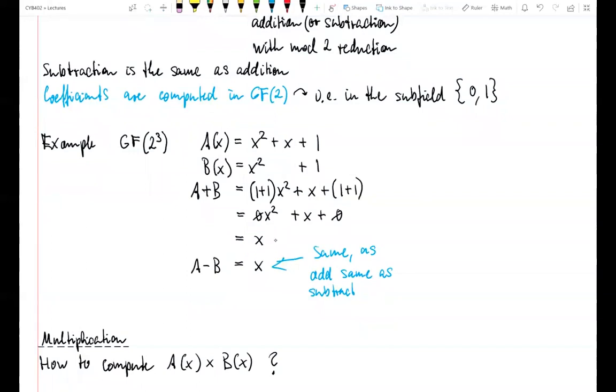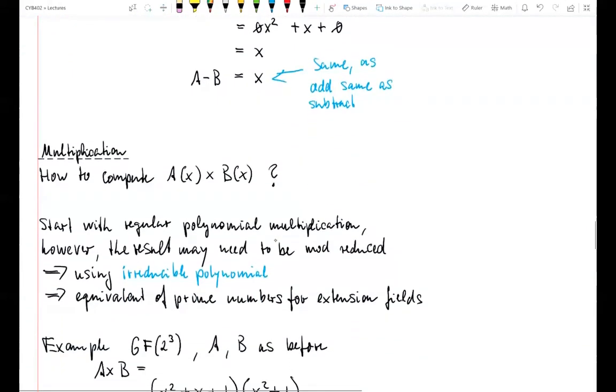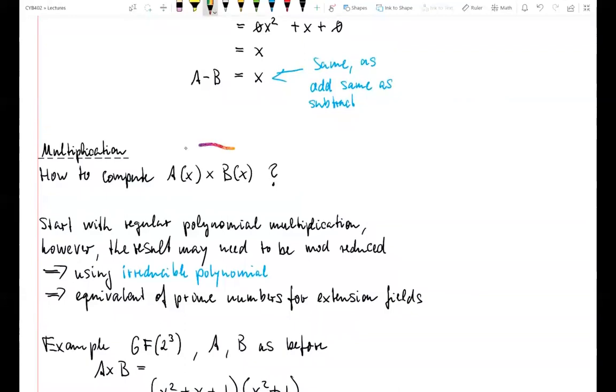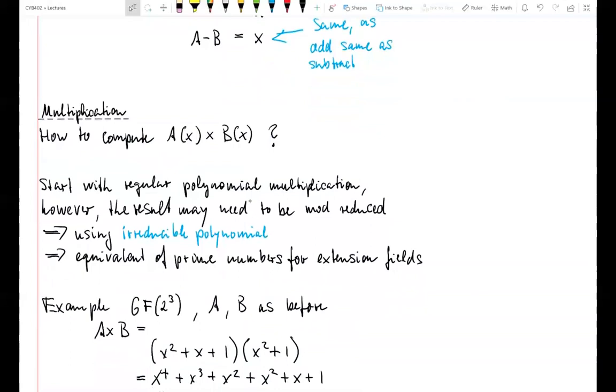And because of the way we did addition, specifically the mod 2 reduction, this is the same as if we would subtract these two polynomials, okay? But how do we compute a times b? How do we multiply two polynomials? What we do is going to be really interesting and mind-blowing and awkward, weird, if you have never heard about it.